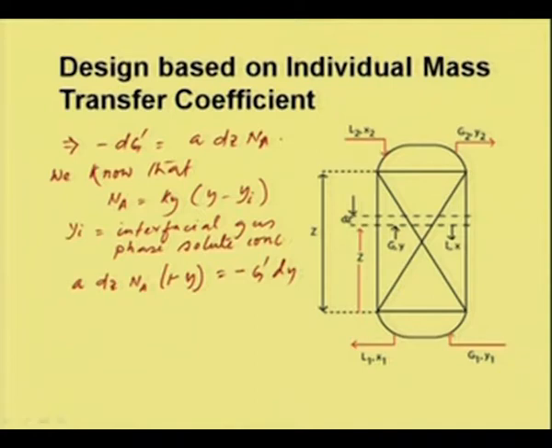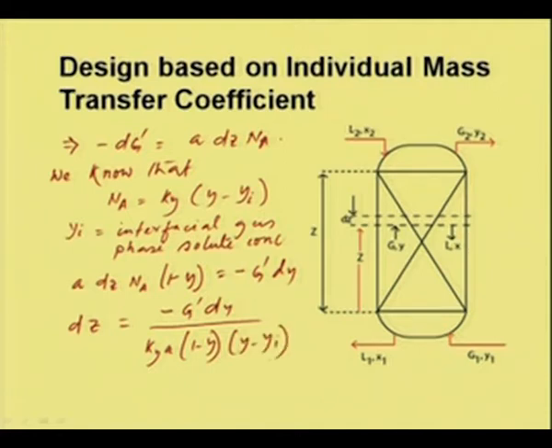So, dz equal to g dash dy divided by k y a into 1 minus y into y minus y I.